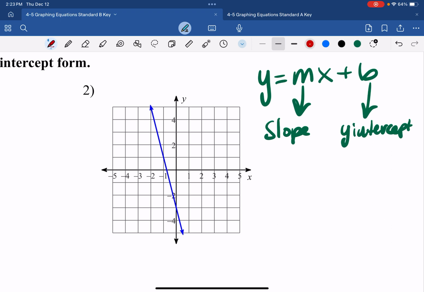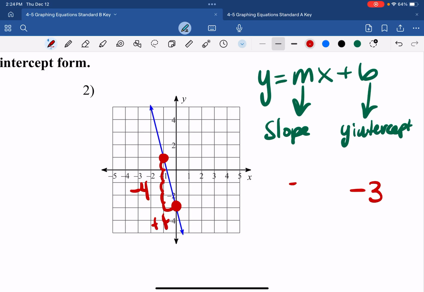So number 2, the y-intercept is -3. So I already know it's going to be -3. The slope, I just need 2 points. And I'm going to just count. 1, 2, 3, 4. So down 4, and to the right 1.